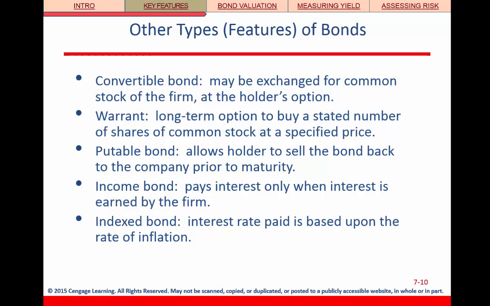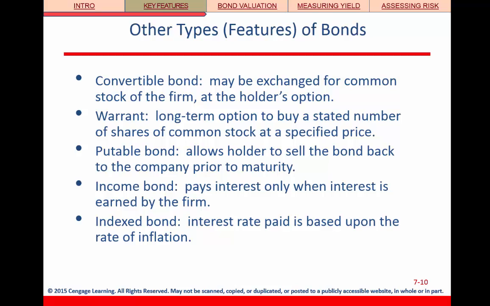So the investor could just decide at any moment, well, I don't like this bond anymore. Give me all my money back. The strong companies, like your blue chip companies, large cap, mid cap, those kind of companies are never going to have to issue a puttable bond because this is for companies that are not doing so well.